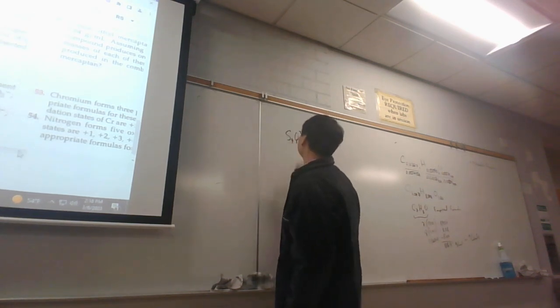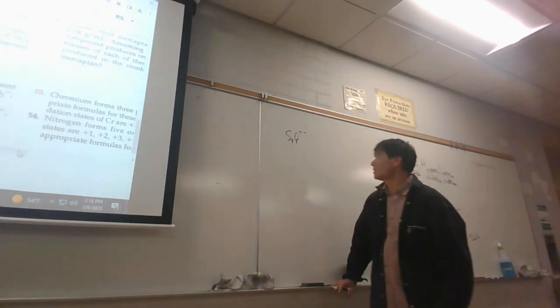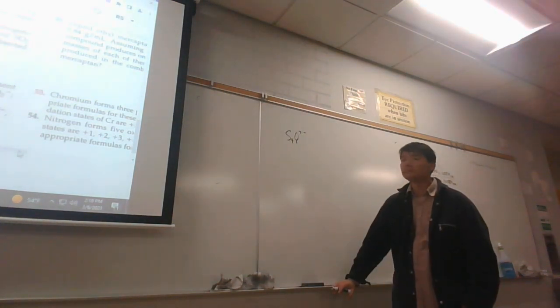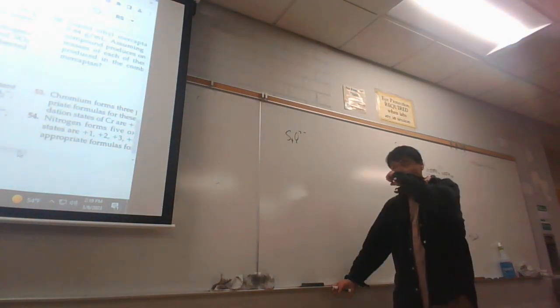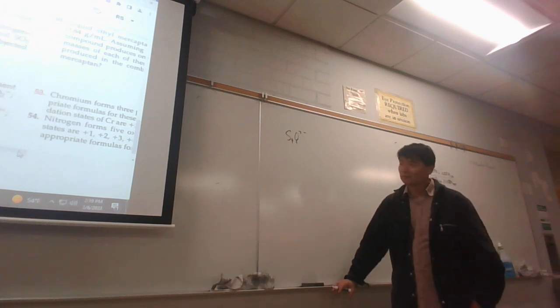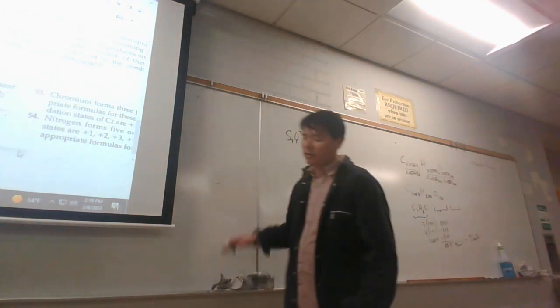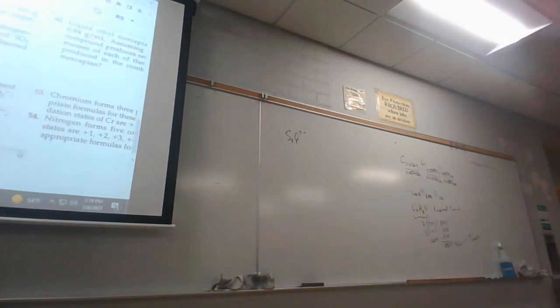S4O6 2 minus. So which one did you assign first? When you say assign first, according to the rules. Yeah, that's where I'm trying to wrap my mind around assigning. Assigning is just based on following the steps. It's not hard to remember. First goes the alkali metals.